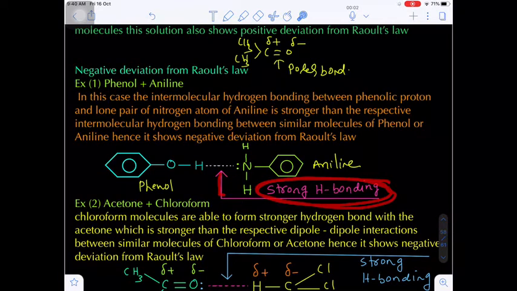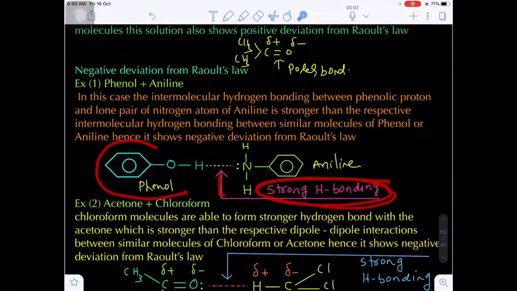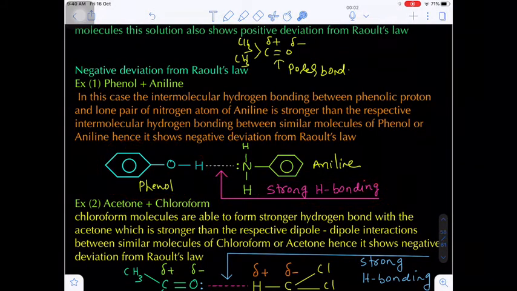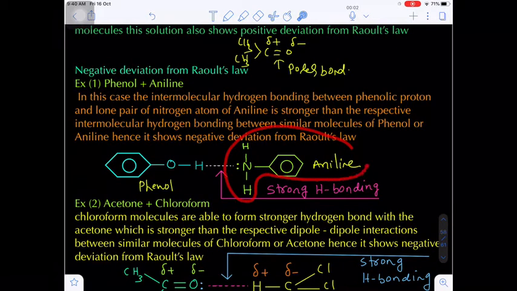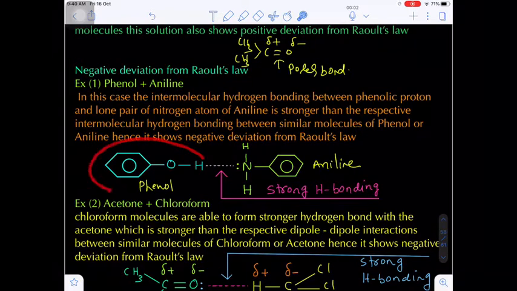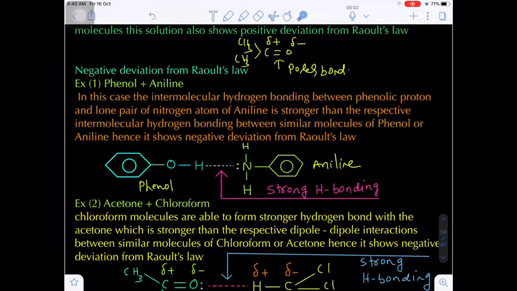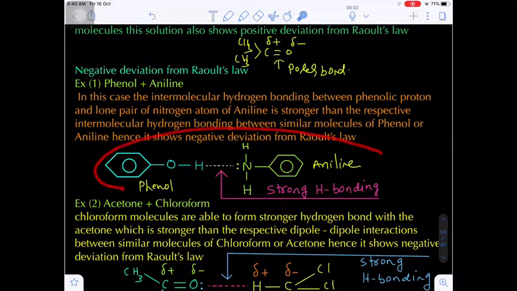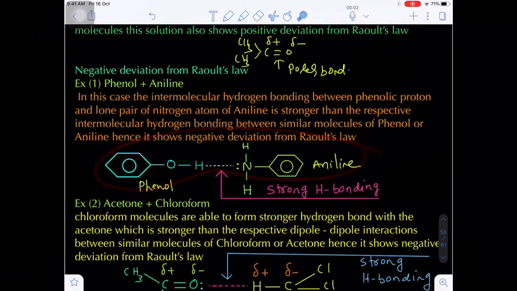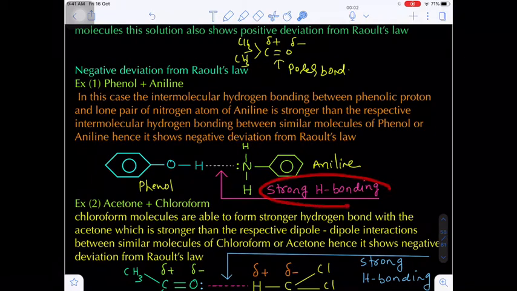This hydrogen bonding strength will be more if you compare the hydrogen bonding in phenol molecules among themselves, or hydrogen bonding in aniline itself. That means when we compare the hydrogen bonding strength in pure phenol or pure aniline, the intermolecular force of attraction between phenolic hydrogen and lone pair of nitrogen on aniline is a strong hydrogen bond.